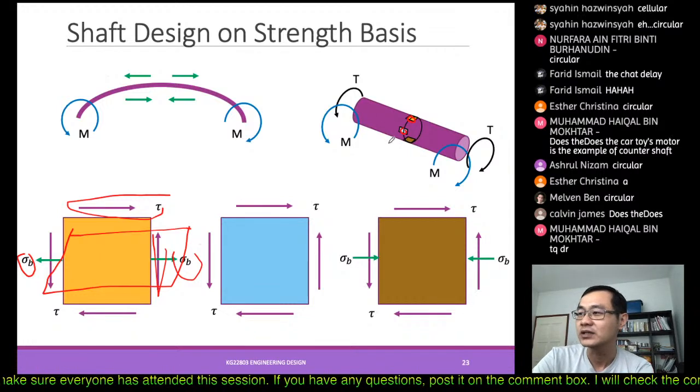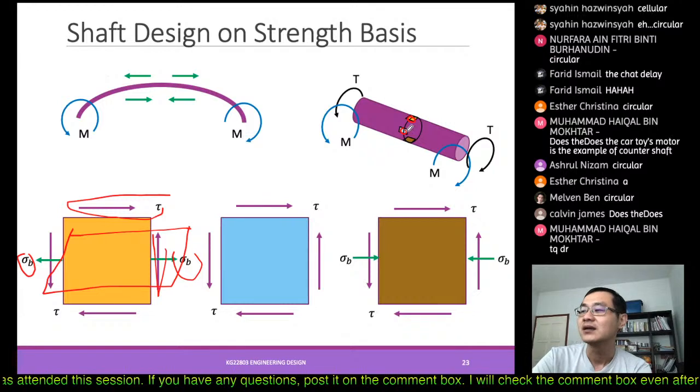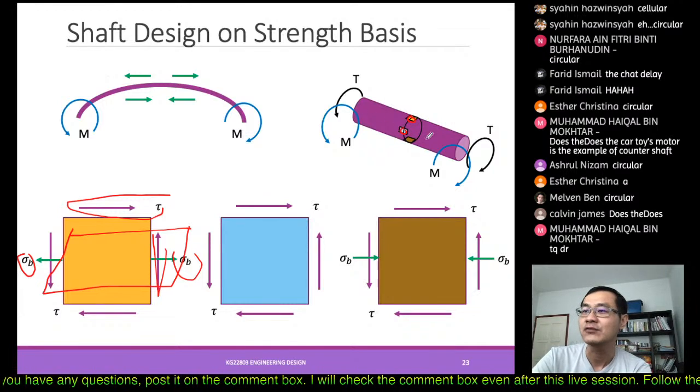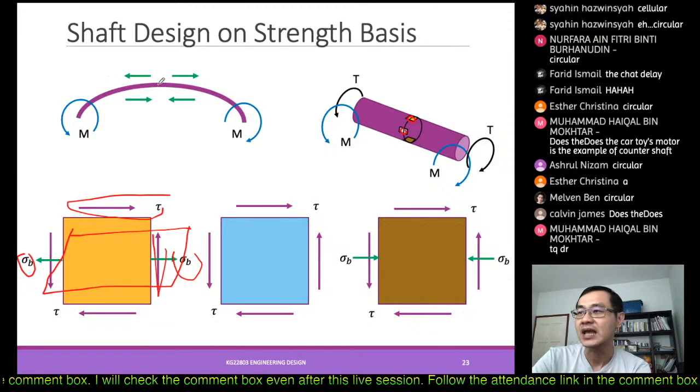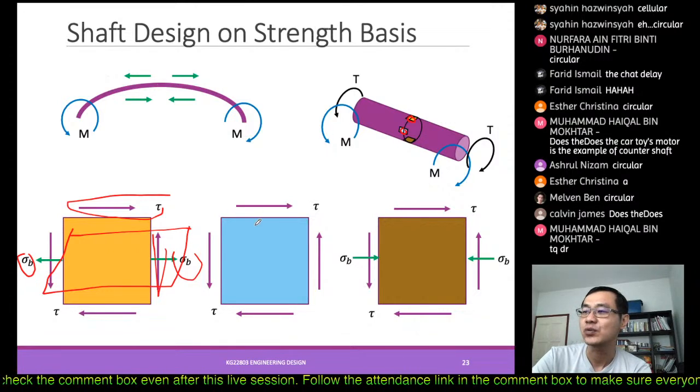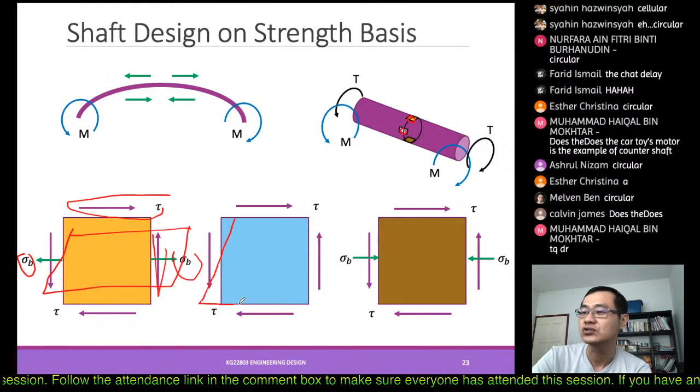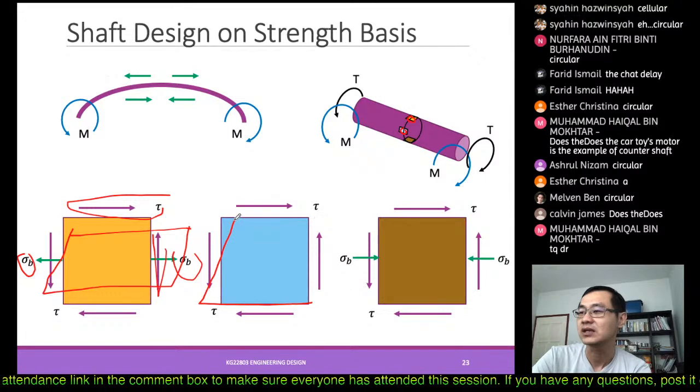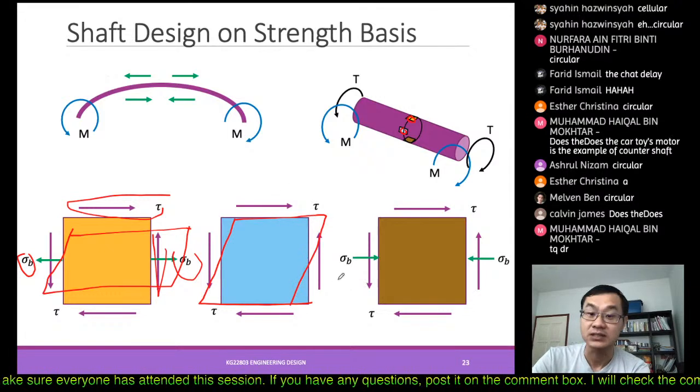When it comes to this middle part, there will be no tension or compression acting. In that case, it is purely due to the torsion. So the shape may just look like this, the same shape, just twisted.